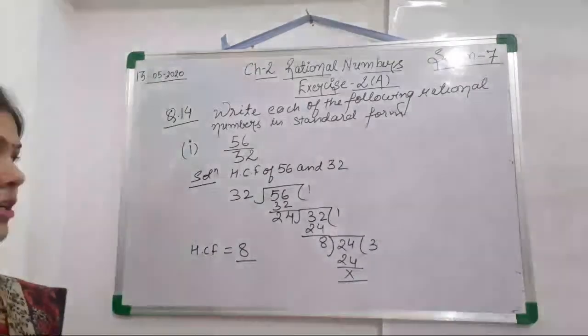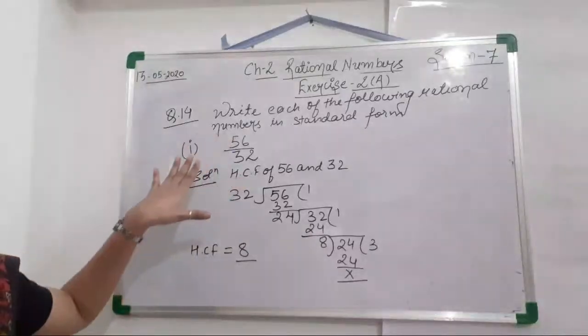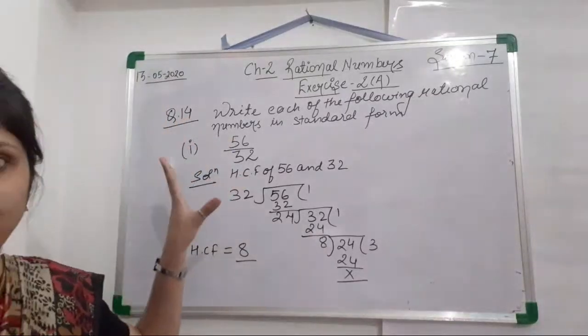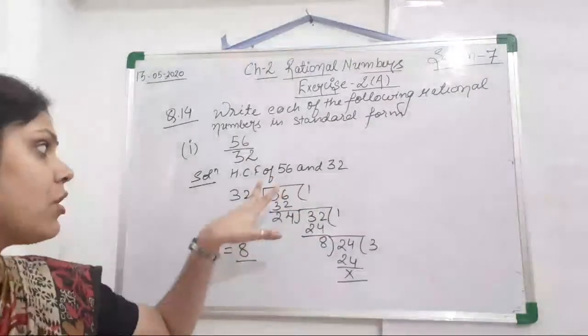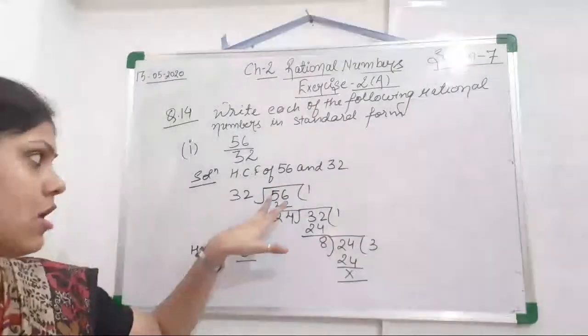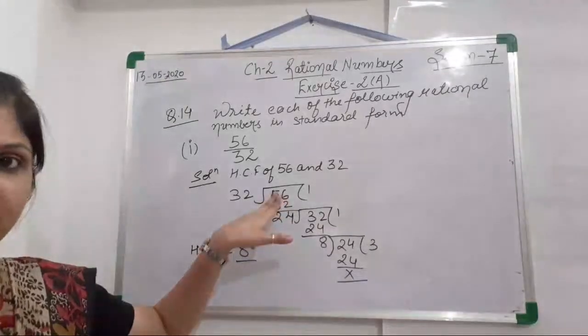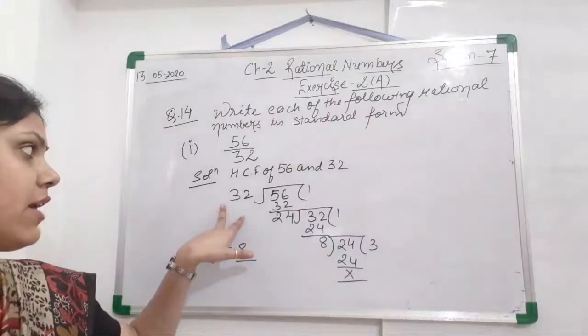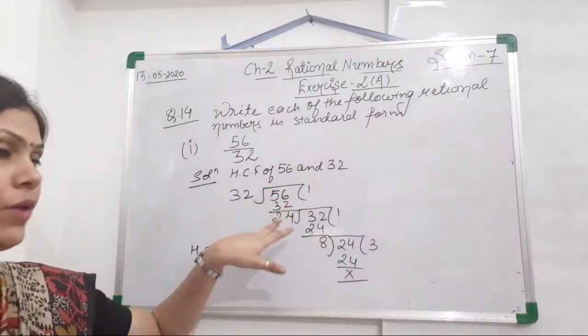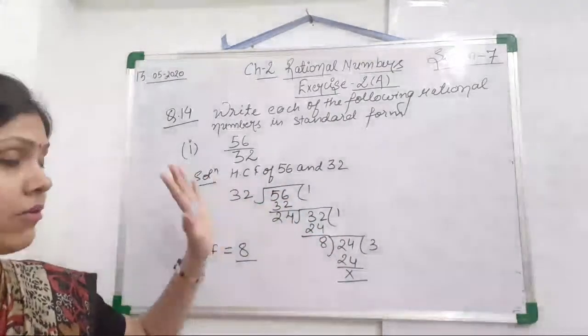Once again I am telling you, here no sign is there, positive or negative. Both are positive numbers. So we will take out the HCF of the numbers. Now the larger will go inside, means it will become the dividend, and 32 the divisor. 32 ones are 32. 24 is the remainder. Remainder came.